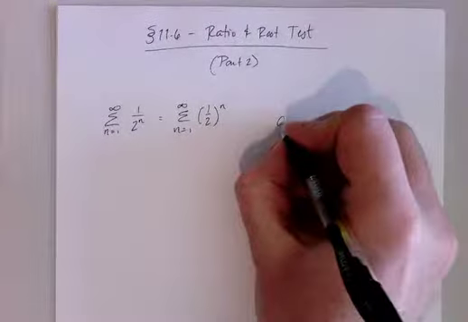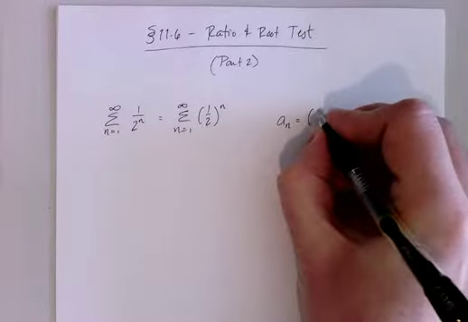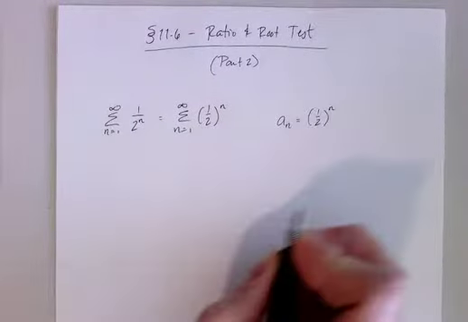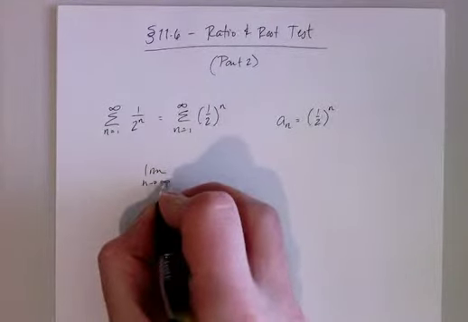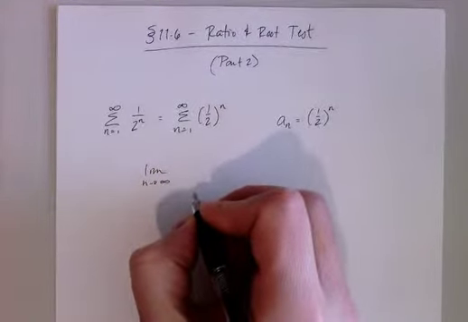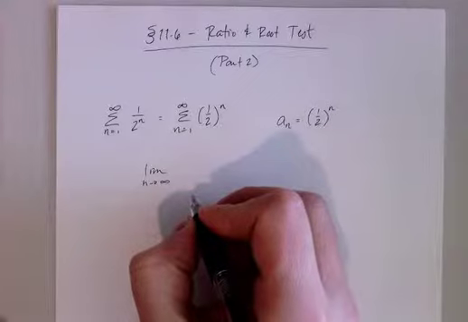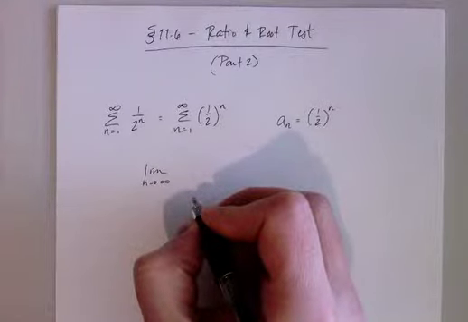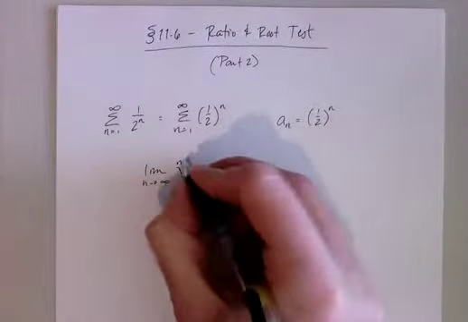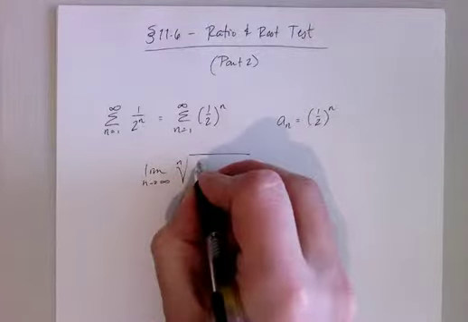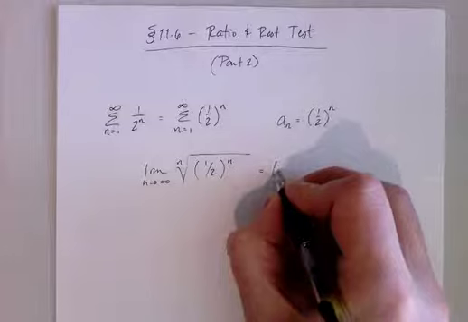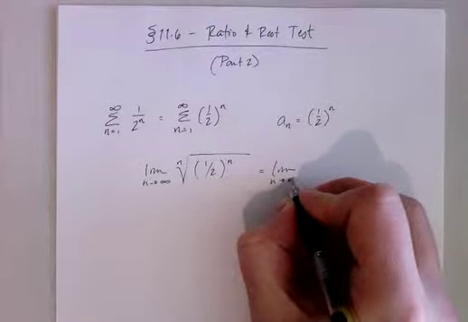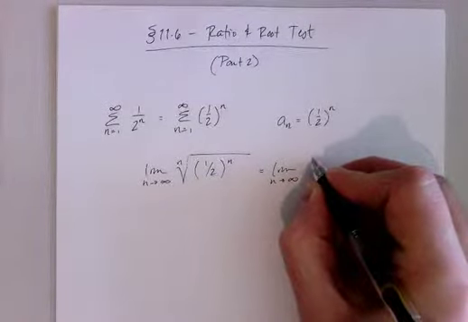So we know that a sub n is 1/2 to the n, and I know that the limit as n approaches infinity of the nth root. Now, you can either do it under the nth root, or you can simply raise it to the 1 over n power. Those are equivalent, because remember, all roots are simply fractional exponents.